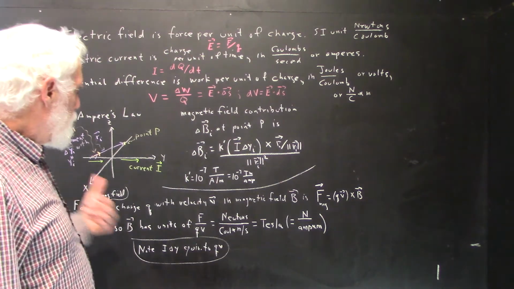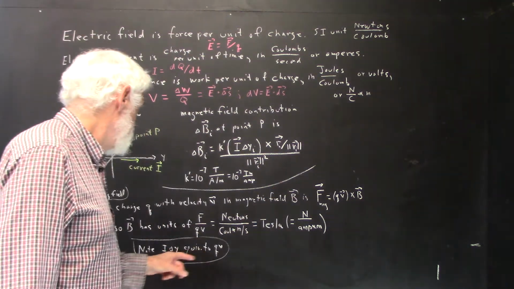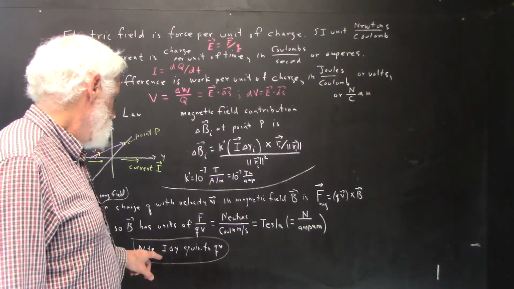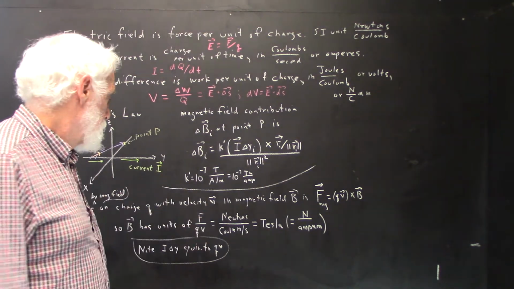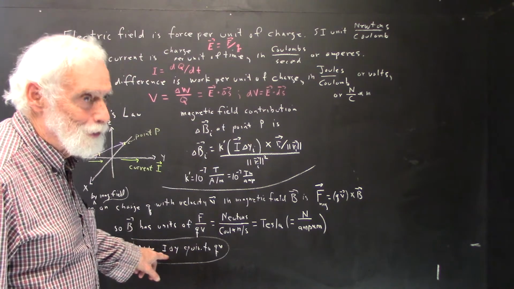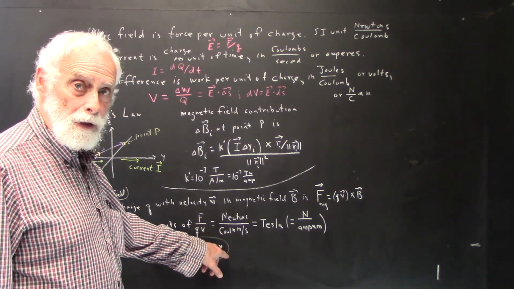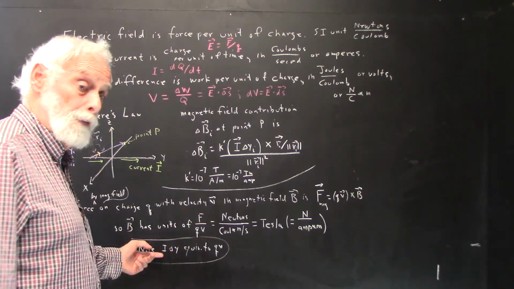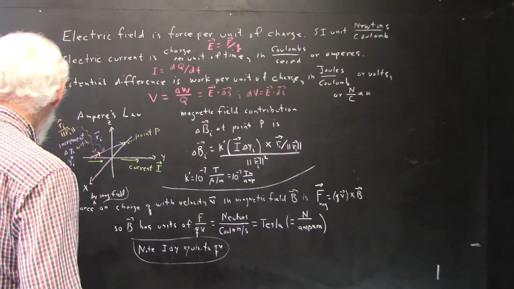If you've got a lot of charge carriers moving at a velocity, moving past per second, it's equivalent to having a single charge moving at some velocity. And the velocity would be that distance multiplied by the number of charges you have over here. You can think that through. It's a worthwhile thing to think through.